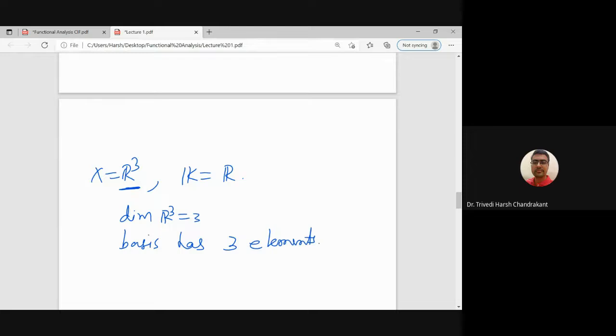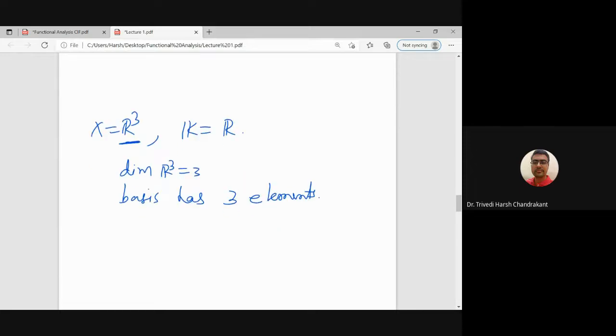Now how to find these 3 elements? We want to find a basis of R3 which has 3 elements. What are the 3 elements? (1,0,0), (0,1,0) and (0,0,1). So these are the standard basis.